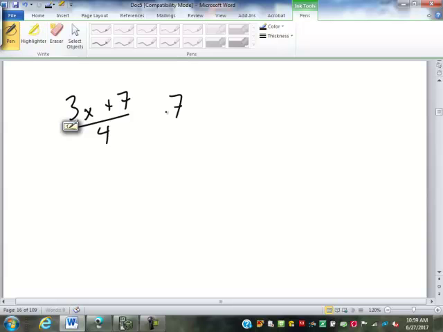3x plus 7 over 4 equals 7. What would we have to do to solve that? Well, here we've got to look back at what's been done to our variable again.